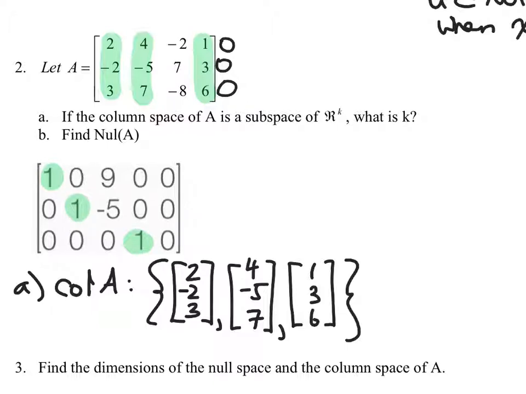So the column space is a subspace of some real space. I needed 3 vectors. That means that I must be working in 3 dimensions, all right? So therefore, K is equal to 3, giving us real space in the 3rd dimension.